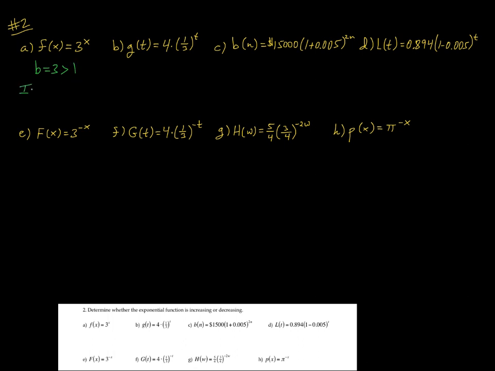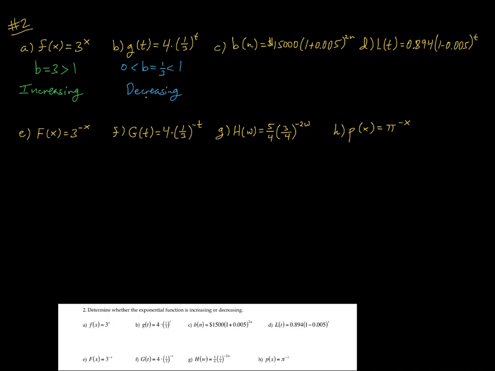So this would be an increasing exponential function. For part B, we have 4 times 1/3 to the t power. So here our base b is 1/3, and since this is between 0 and 1, this would be a decreasing exponential function.